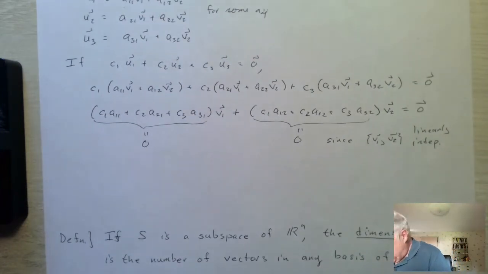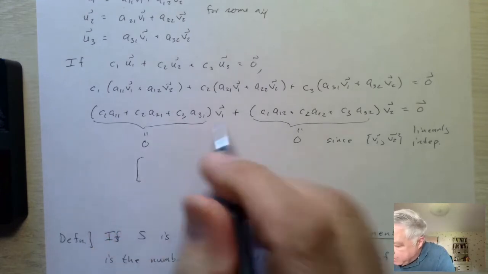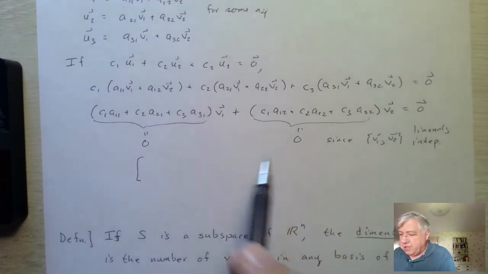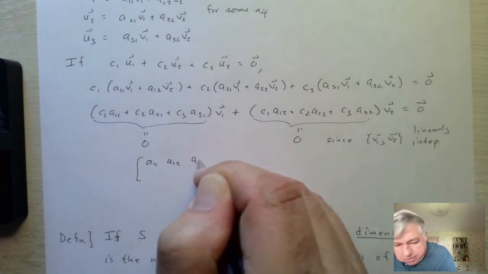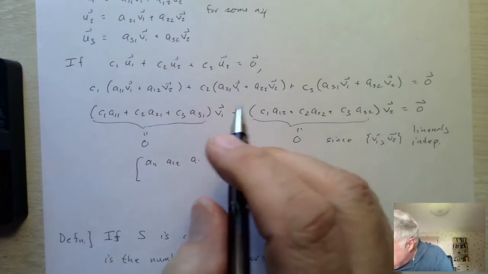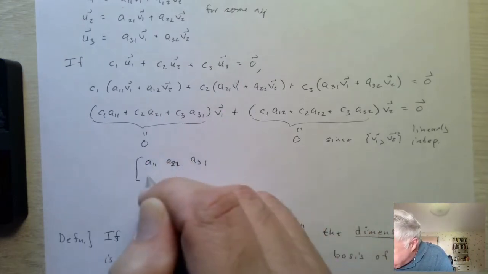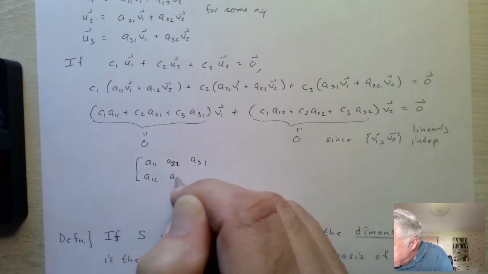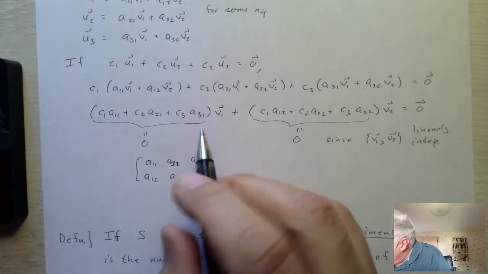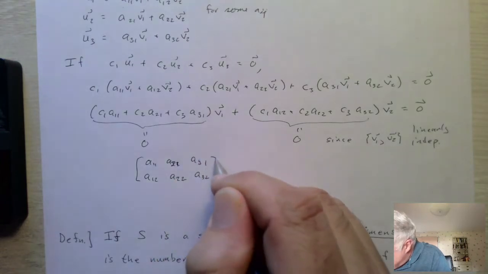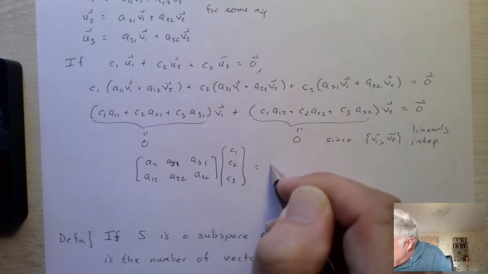So writing this another way, we can write this as a homogeneous system of linear equations. This is a11, a21, a31, a12, a22, and a32, times the vector (c1, c2, c3), equals 0.